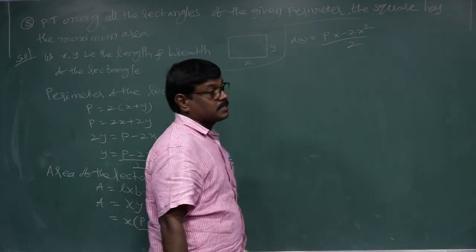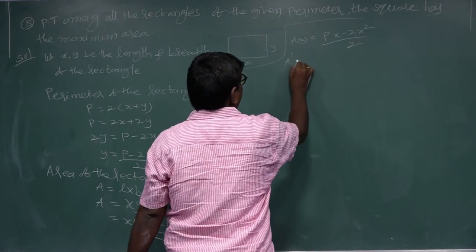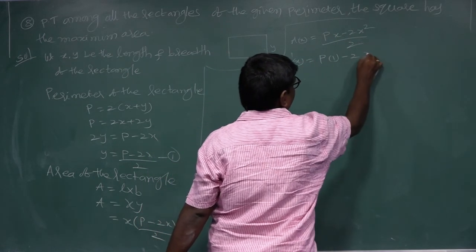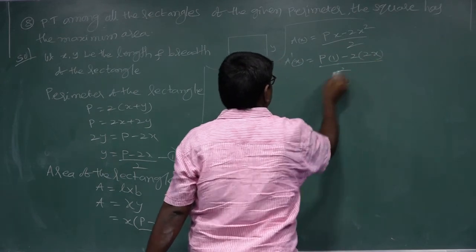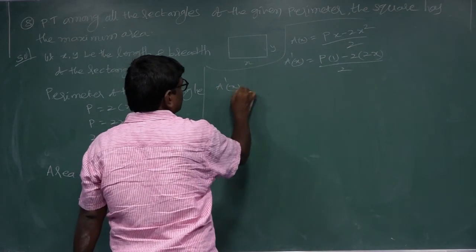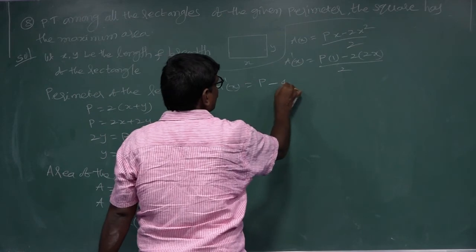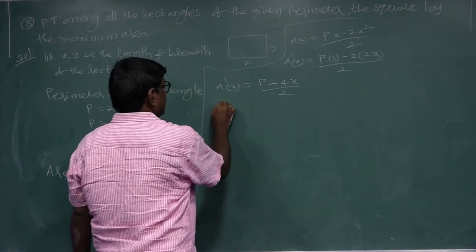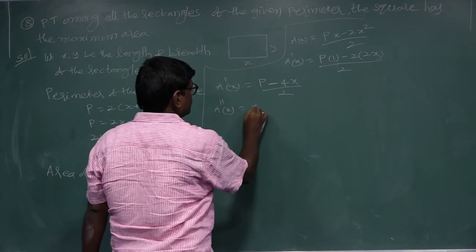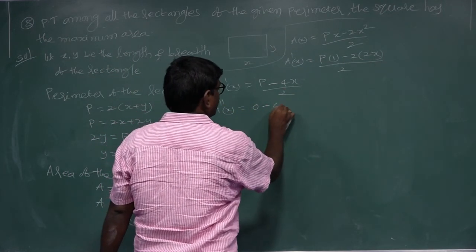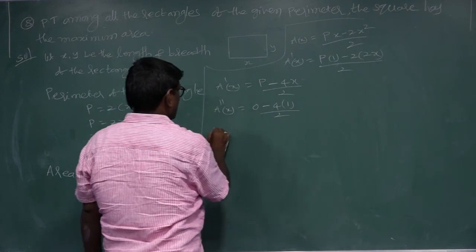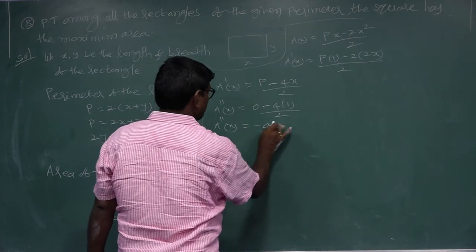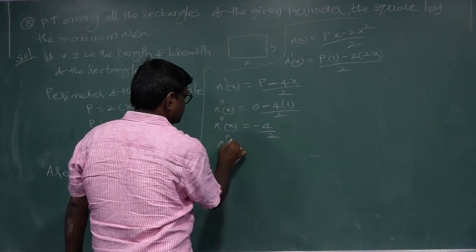Differentiation on both sides with respect to x. A dash x equal to P into the derivative of x, 1, minus 2 into the derivative of x square, 2x, by 2. A dash x equal to P minus 4x by 2. Again differentiate with respect to x. A double dash x equal to constant 0 minus 4 into 1 by 2. A double dash x equal to minus 4 by 2, which is minus 2.